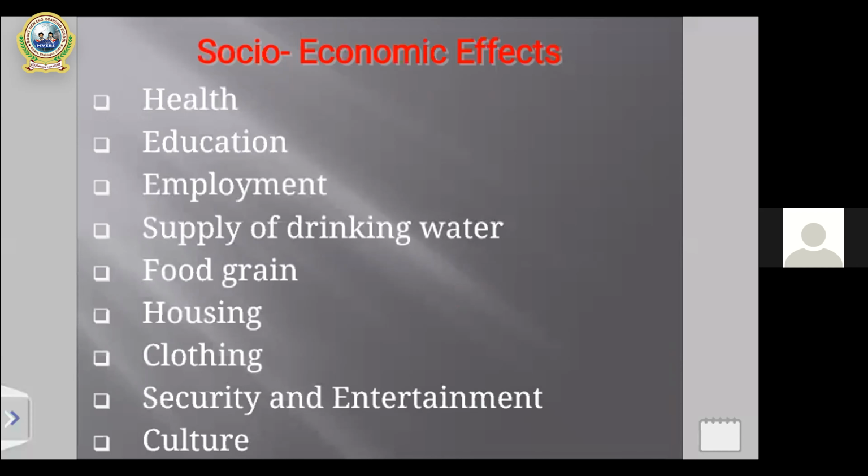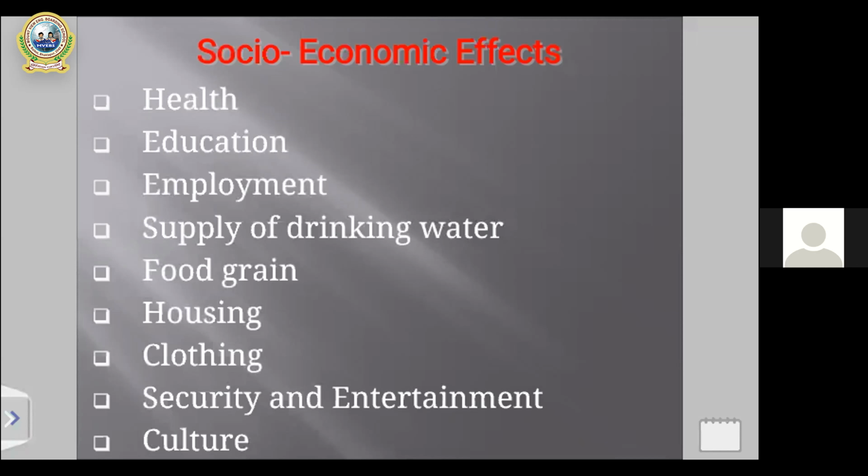My dear students, you can see in the slide, there are two categories to clarify the side effects of rapid population growth. The first one is the socio-economic effects, and the second one is the environmental effects. About the environmental effects, in the next period we'll discuss. Today in this class we are going to interact on the socio-economic effects of rapid population growth.